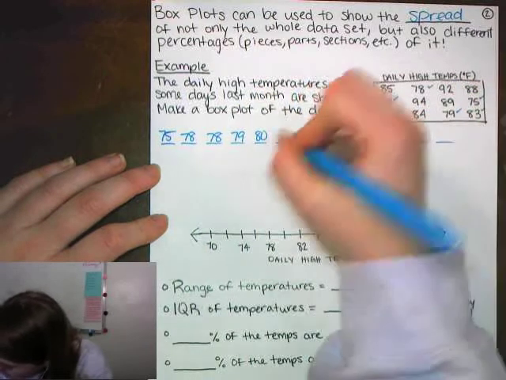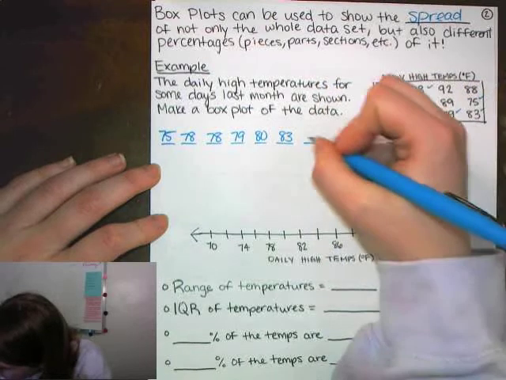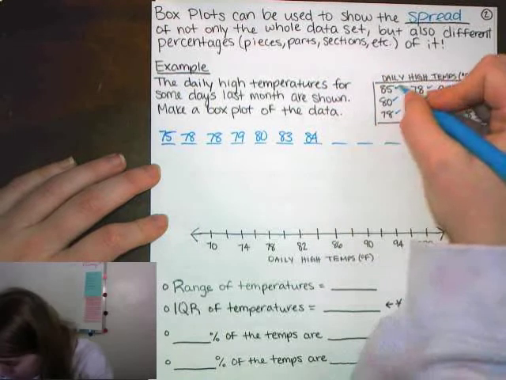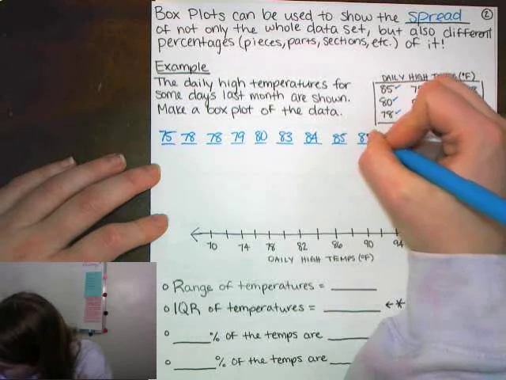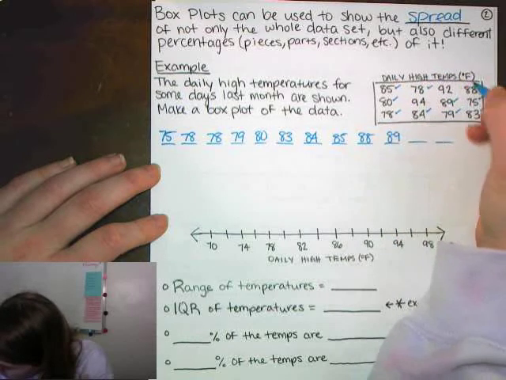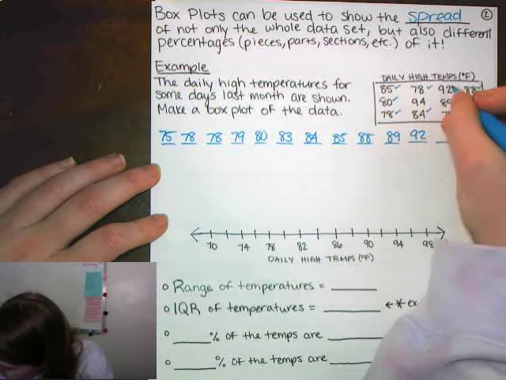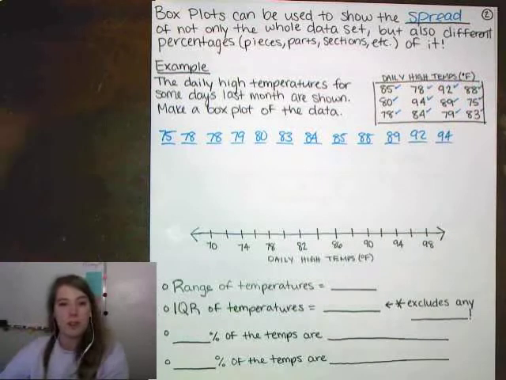And 83. 84. 85. 88. And 89. And then we've got a 92 and a 94. All my values are checked, all my lines are filled, so we're good to go.